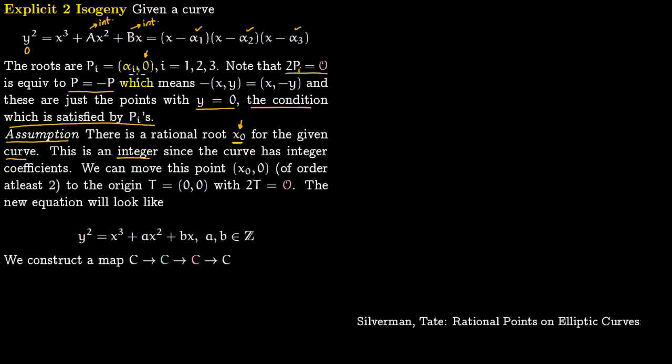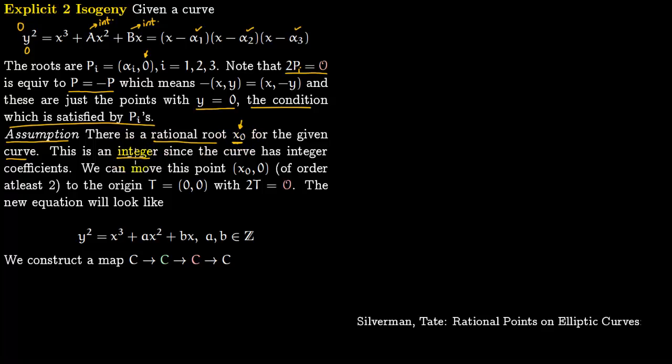When you plug this x0 in instead of x, since it is a rational root, y will become 0. So you have an equation with all integers, and you have to solve it in terms of integers. Therefore this rational root becomes an integer.